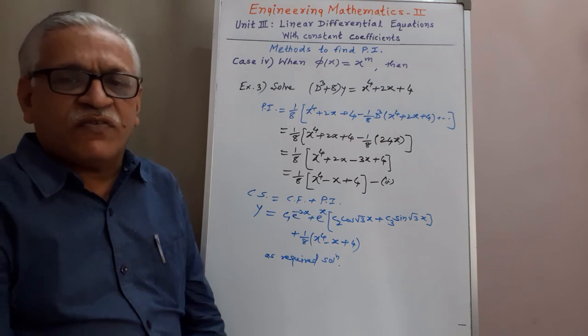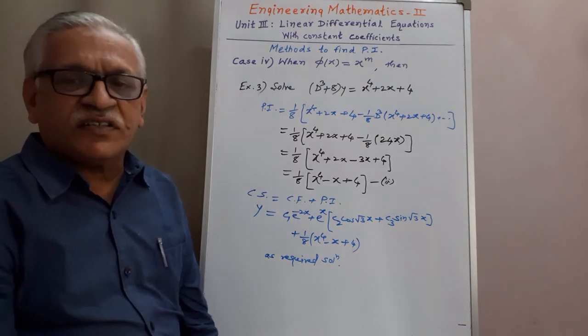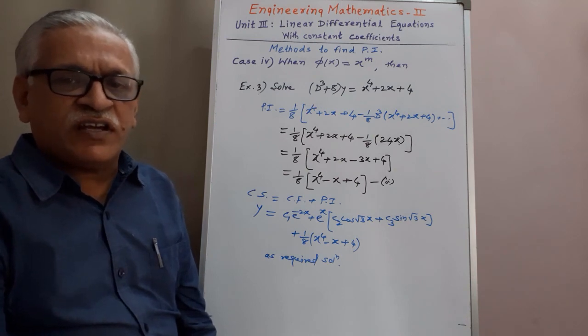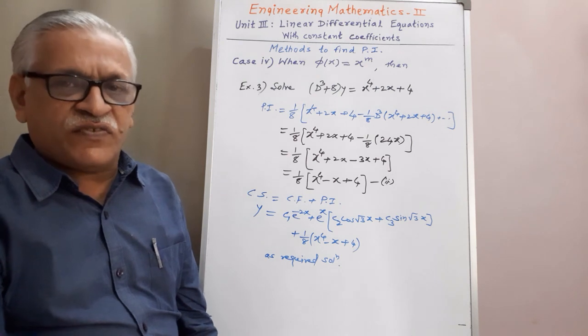In my next video, I will discuss the fifth case, when the function is in the form of e raised to ax into V, where V is any function of x.